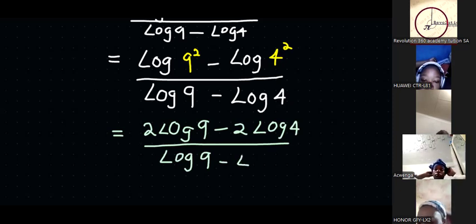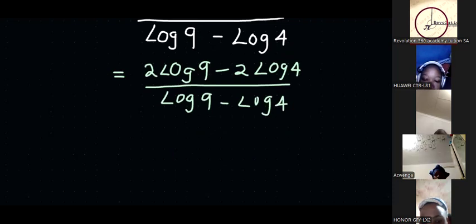So now when you have this, you can actually see that on your numerator side, you're having a common factor of 2. So on the numerator side above, I'm just going to take out 2 as a common factor. When I take out 2 as a common factor, I open bracket, I'm left with the log of 9 minus the log of 4.